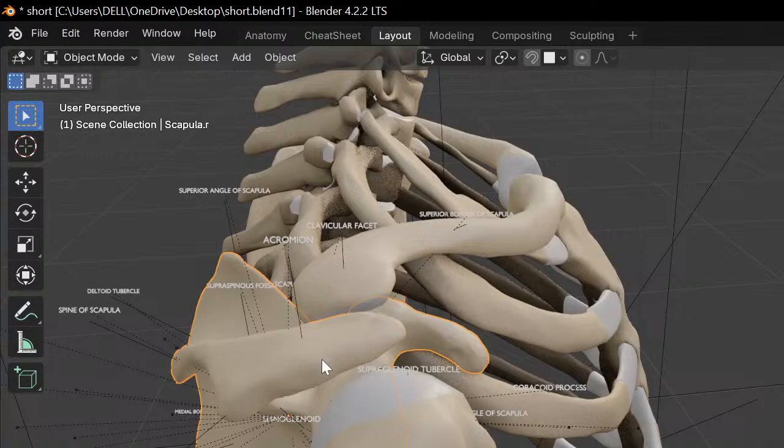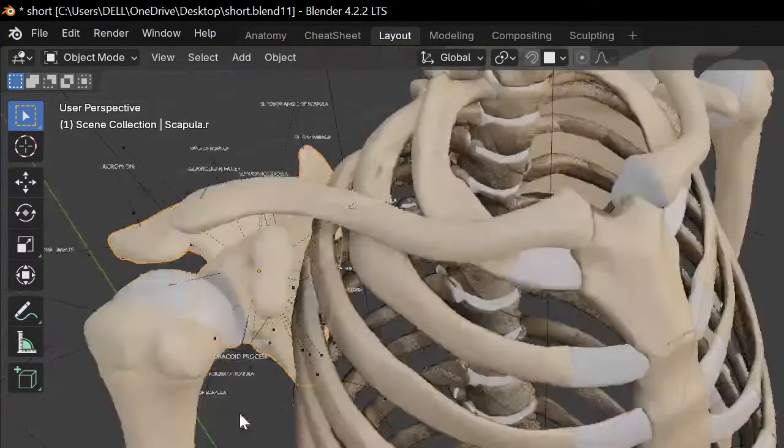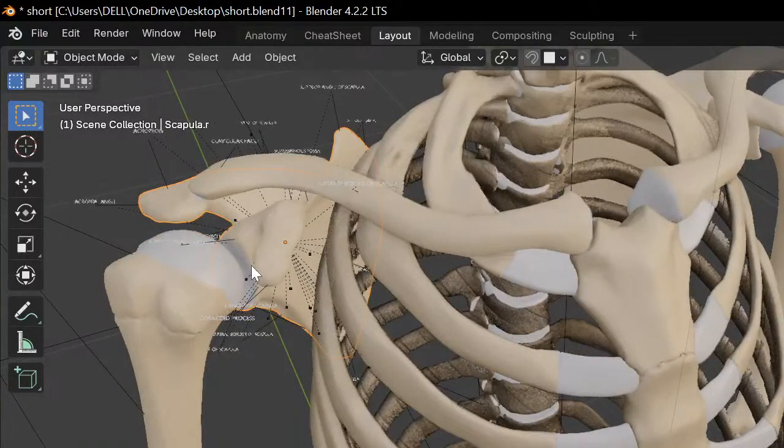This acromion process directly lies above the shoulder joint. As you can see, this is the glenoid cavity, this is the head of the humerus, and this is the acromion process, above the shoulder joint.